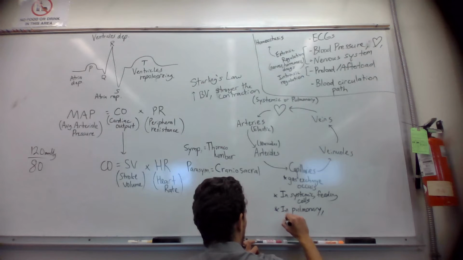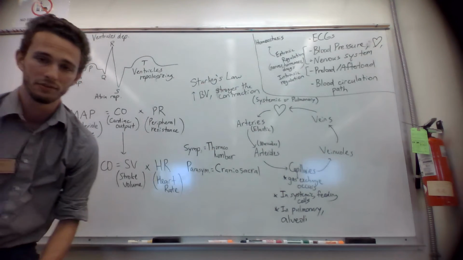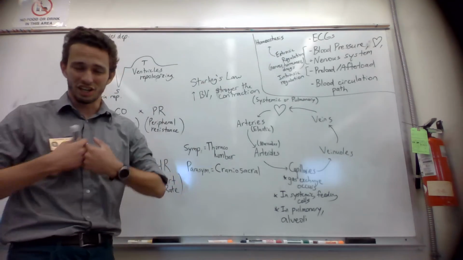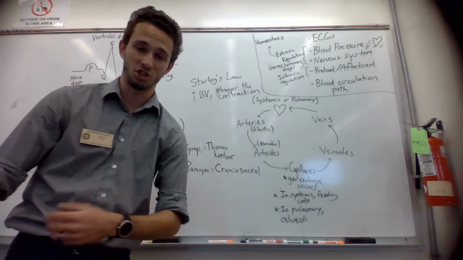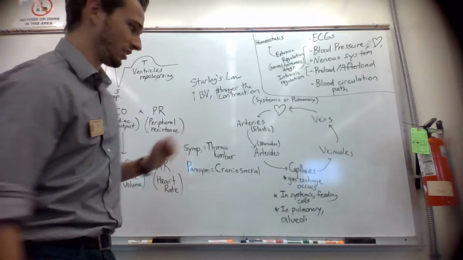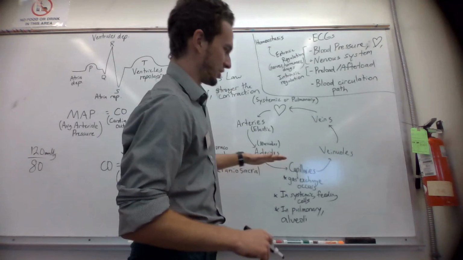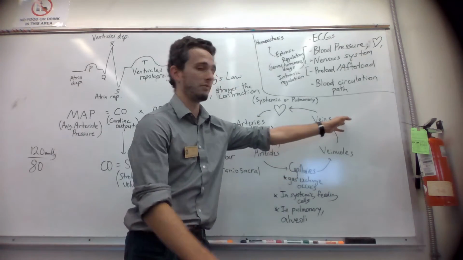This is in the alveoli, the little air sacs of your lungs. So oxygen is going into the capillaries in the alveoli, getting a lot of oxygen, expelling all the carbon dioxide, and then returning to the systemic circulation once it gets back to the heart to feed the tissues.